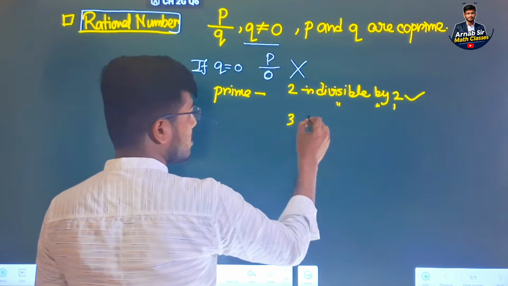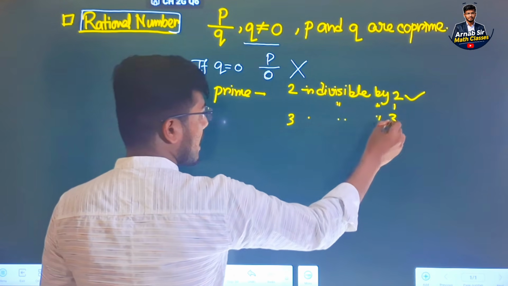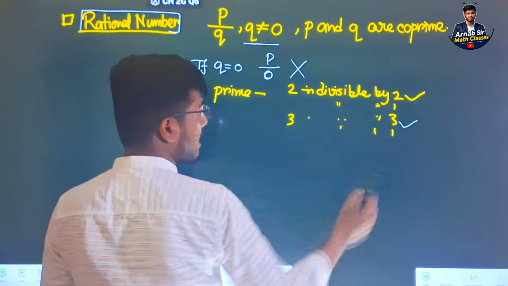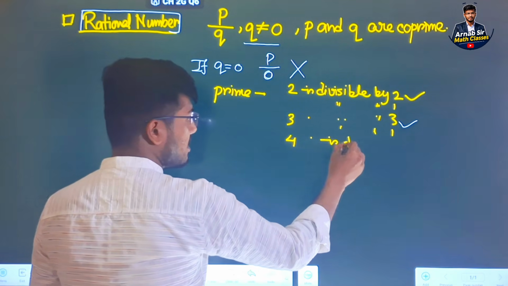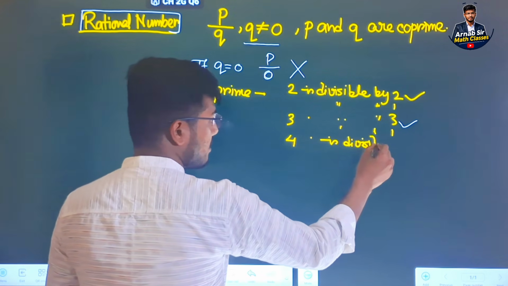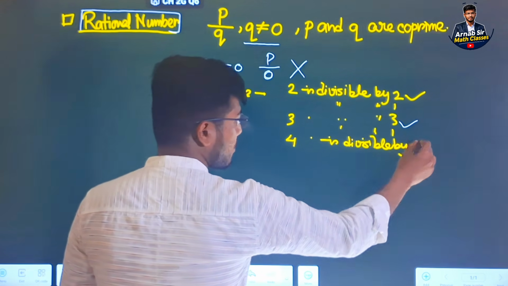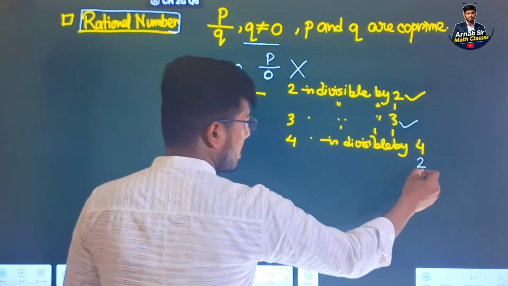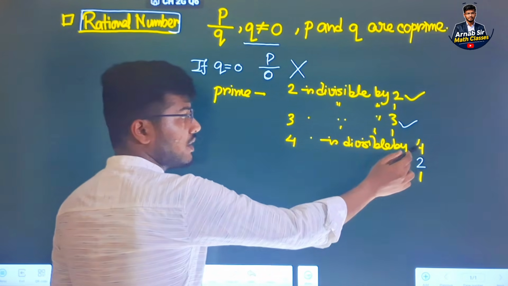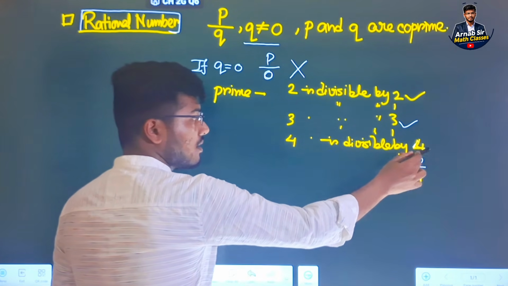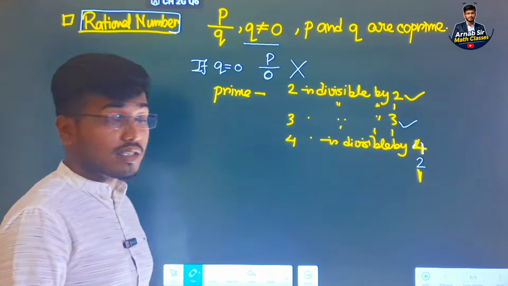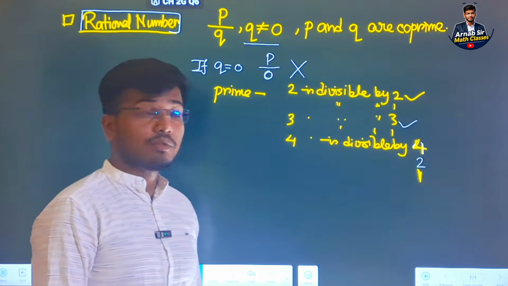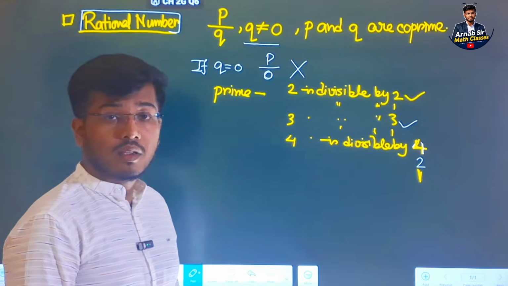Next, 3 is divisible by 3 and by 1, so it is a prime number. But if you take 4, it is divisible by 4 and 1, and also by 2. That's why 4 is not a prime number.